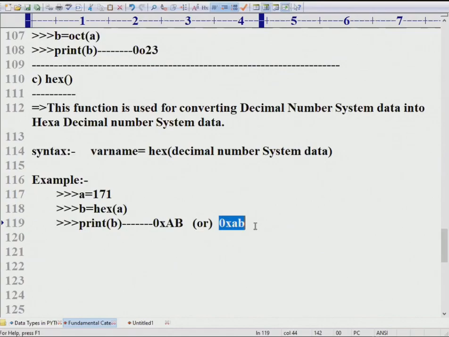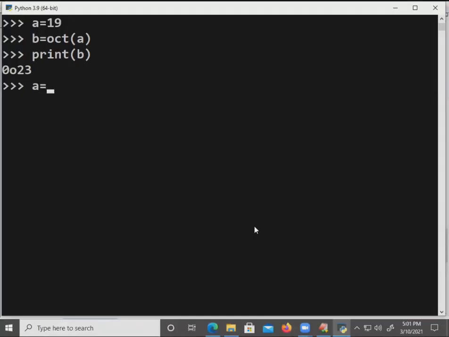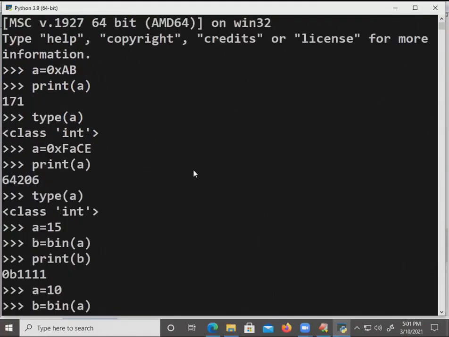Let me show you back in the Python window. A is equal to 171, B is equal to hex of A, print of B. What is the result coming?